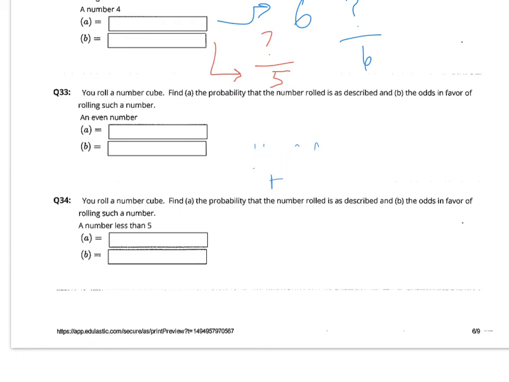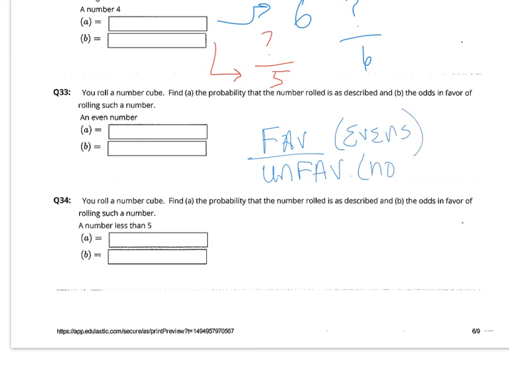Let's back that truck up. The favorable, rolling the even, over the unfavorable. So basically, how many evens are there over how many not evens, which would be odds.